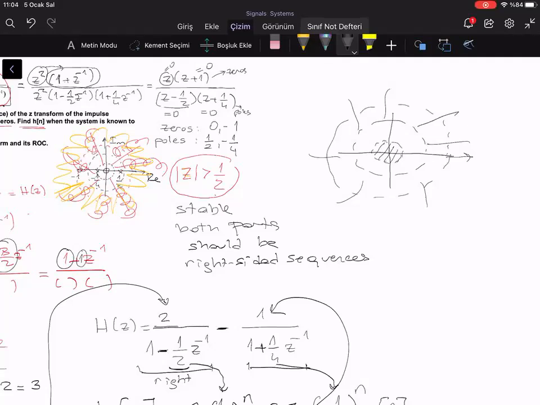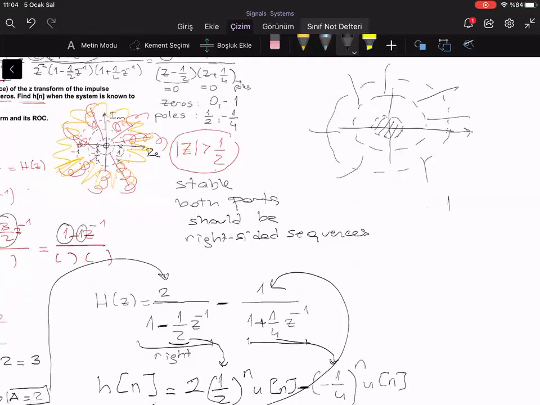But if the question is given like Süleyman said, then you would say one of the signals is right-sided, the other one is left-sided. If it is said like that, it should be stated, or the ROC should be given to us, and then we make conclusions about our sequences. Oh, okay, hocam, thanks.